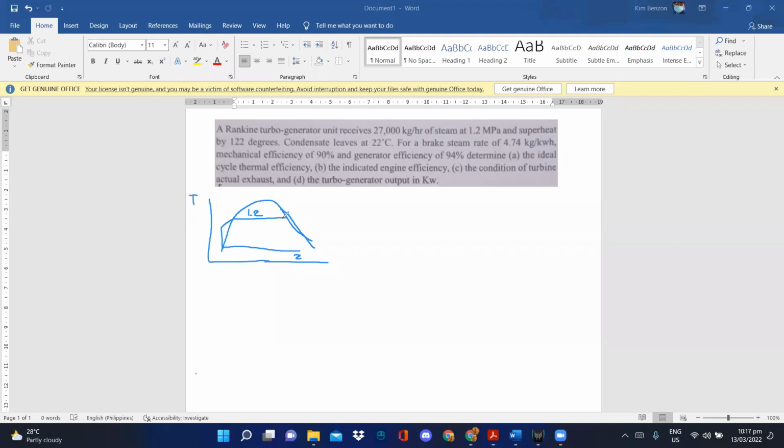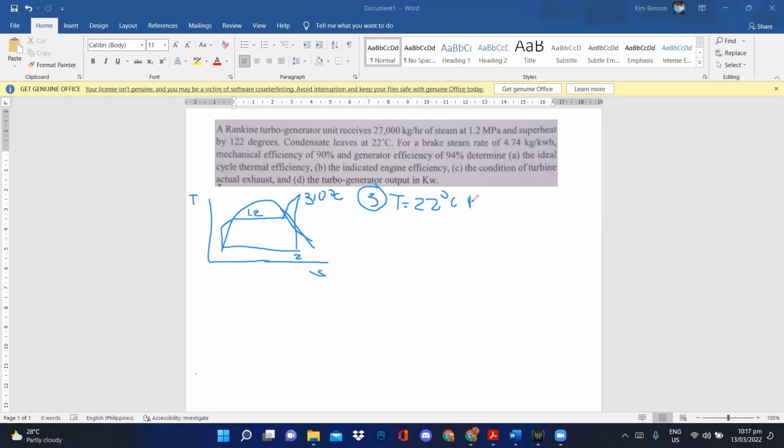Okay. So, lagyan na at 310 degrees. Okay. Now, at state point 3, ang tinatanda daw natin is 22 degrees Celsius kasi siya yung sa condenser na.